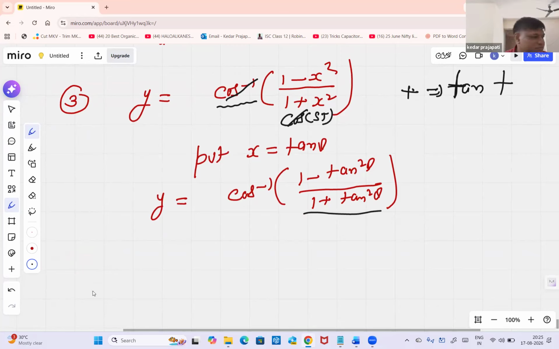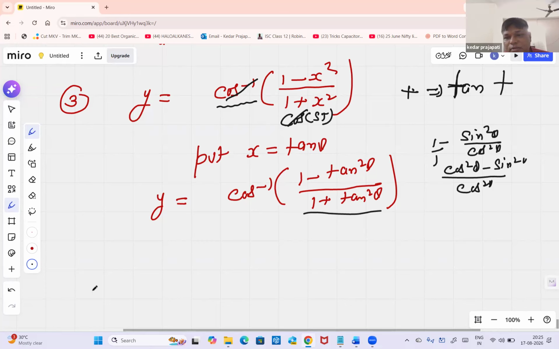And you can also find it out. If you just do 1 minus sin square theta by cos square theta, I'm solving this. This will become cos square theta minus sin square theta, over cos square theta. This is for this.